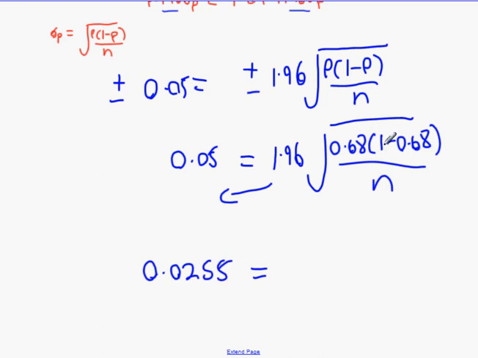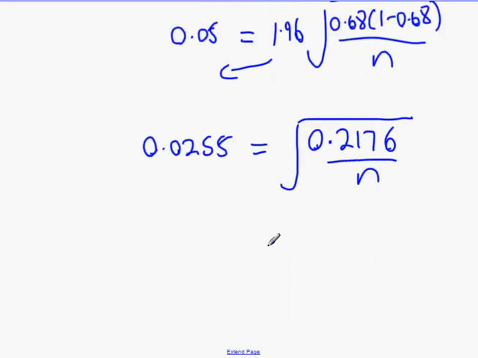Can somebody multiply 0.68 by 0.32? 0.2176 all over n. Can we square both sides? 0.2176 all over n, and the other side should be that squared. 0.0255 squared. Oh yeah, sorry, 6.25, my bad.